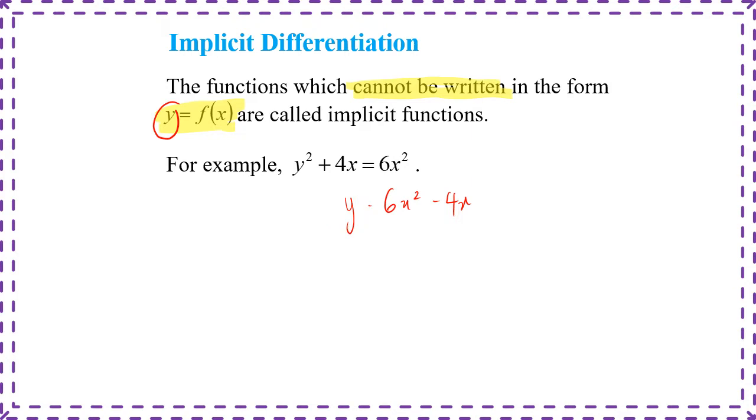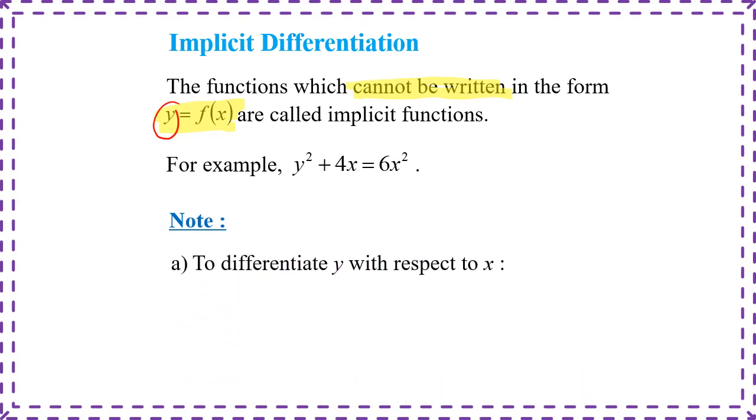So how do we solve this type of implicit function? An important note is that when you differentiate with respect to x, everything here should be differentiated with respect to x, including the y. To differentiate y with respect to x, we have to put dy/dx, because we are differentiating y in terms of x.